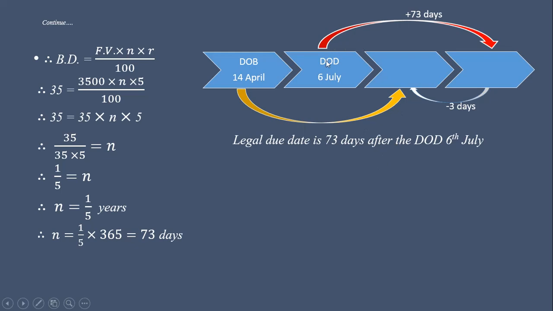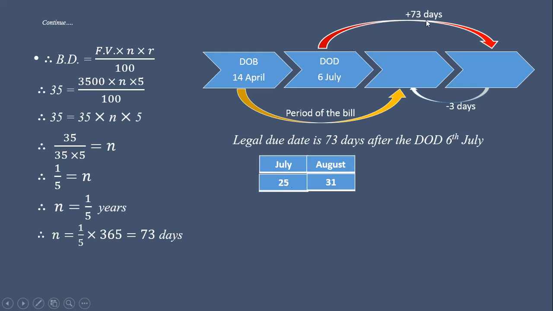So we count these 73 days from 6 July. First we consider the days remaining in the month of July. July contains 31 days. So the date of discount is 6, so the remaining days of July are 25. Now the next month is August. August is of 31 days. So 25 days of July, then 31 days of August, together we get 56 days.